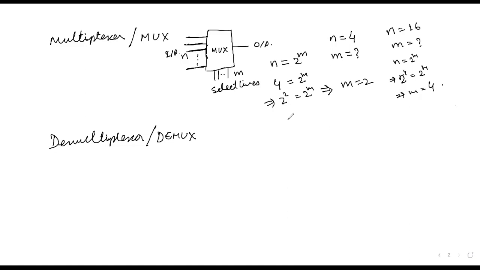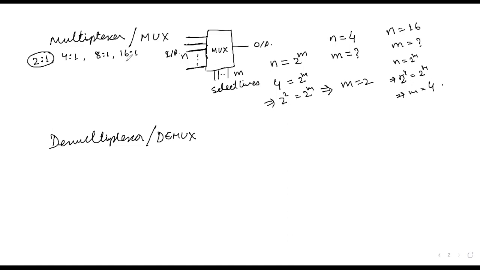The examples of multiplexers are the 2:1 multiplexer and 4:1 multiplexer. This is the way of representing a multiplexer. Then the 8:1 multiplexer and 16:1 multiplexer.